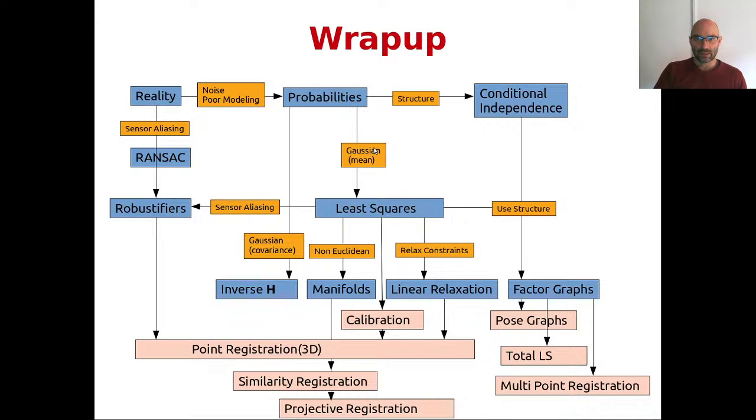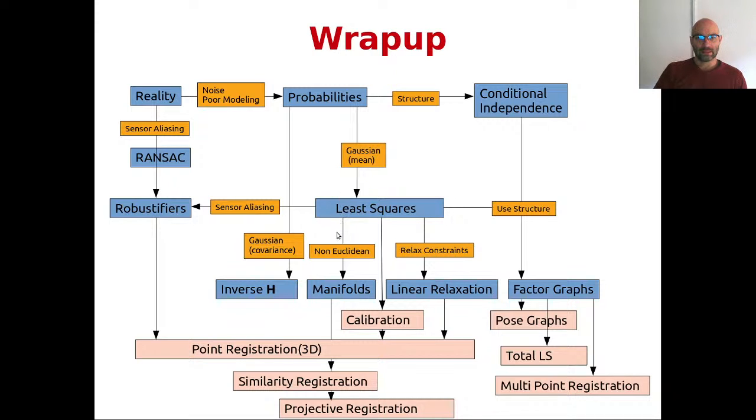If we restrict ourselves to Gaussian noise models, and we are interested in estimating the most likely mean given a set of observations, then we have the Gauss-Newton algorithm that is in the end least squares.